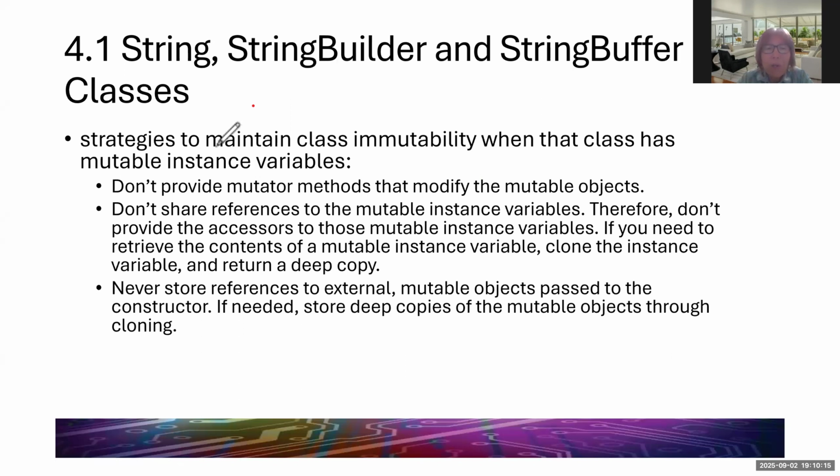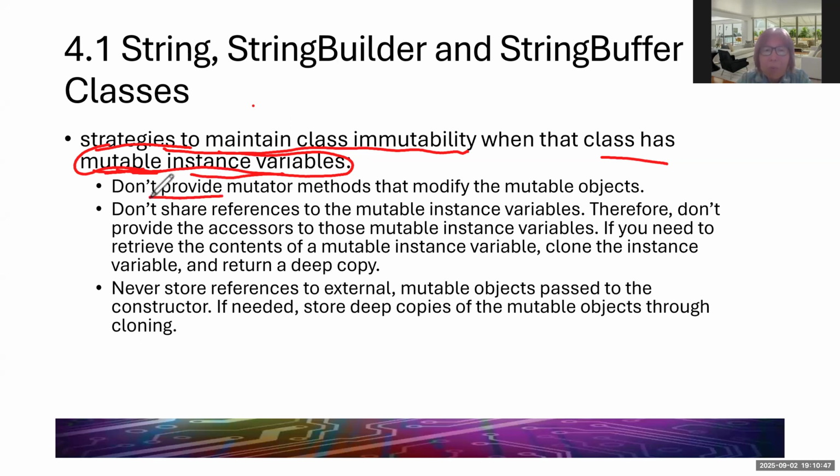Here we also discuss some strategies that you can use to maintain class immutability, for the case when the class has mutable instance variables. Its instance variables may be immutable or mutable, so how do we make the class immutable?